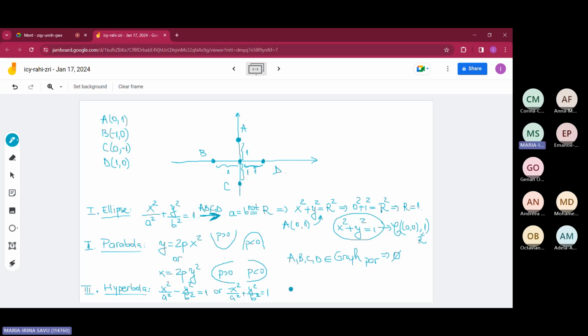And now we have to see if we can construct such a hyperbola. The reduced equation in the first case gives you this root, and in the other case gives you this root.